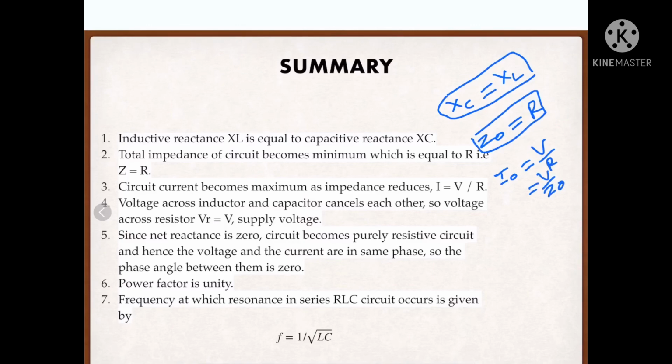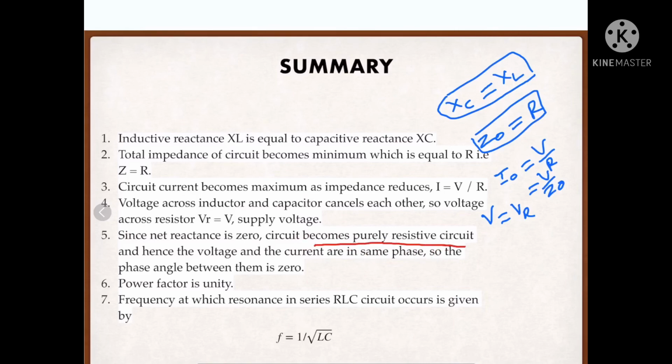Then voltage at resonance will be equal to voltage across resistance, because voltage across inductor will cancel voltage across capacitor. So that is why total supply voltage is going to be equal to VR. Okay, and after that, at resonance our circuit becomes purely resistive. So you can keep this thing in your mind.